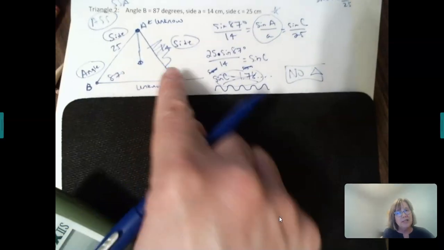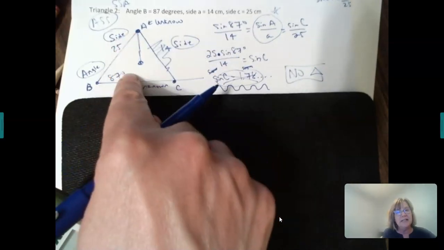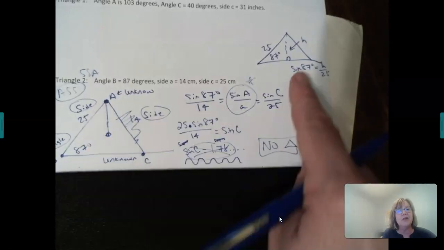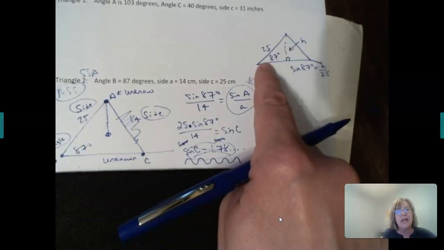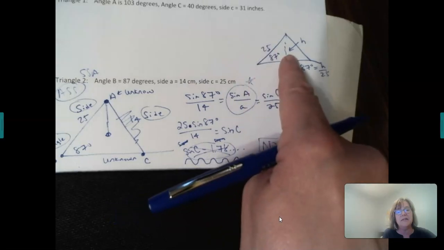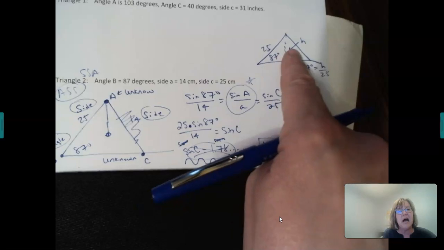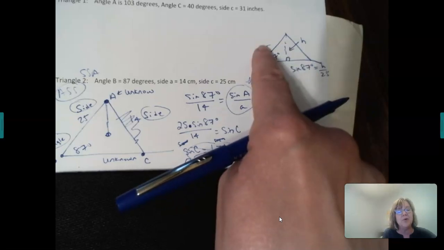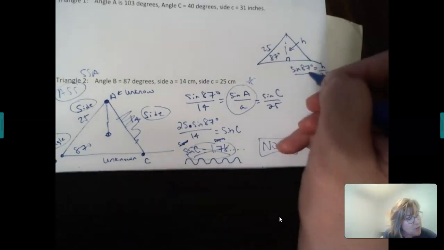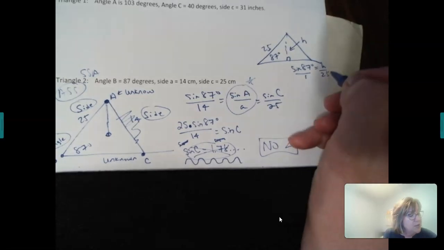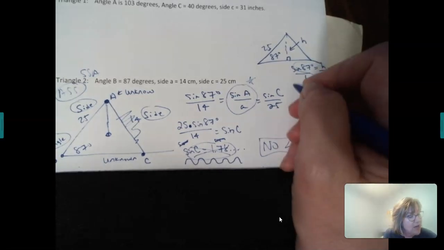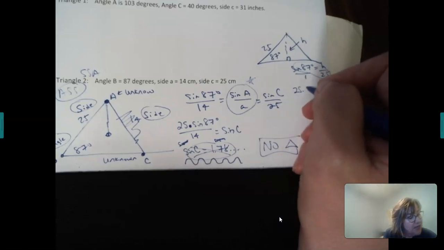All right. So what some people like to do is test the height. So I came up here and I cut my triangle down the middle because then I have an angle and the hypotenuse, and this is a height, and I have a right triangle. So sine of 87 is opposite over hypotenuse, SOHCAHTOA. And again, if you like to cross multiply, just put a 1 there, and you take the sine of 87 times 25, and you're just dividing by 1.